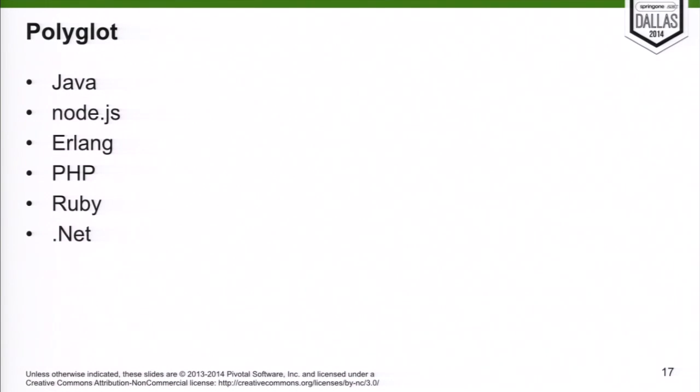And I mentioned that Rabbit is polyglot. So of course, there are clients for Java, Node, Erlang, PHP, Ruby, .NET, Haskell, and many more. If we have Java, of course, we have Clojure and Scala. The Java client is an officially supported client by RabbitMQ.